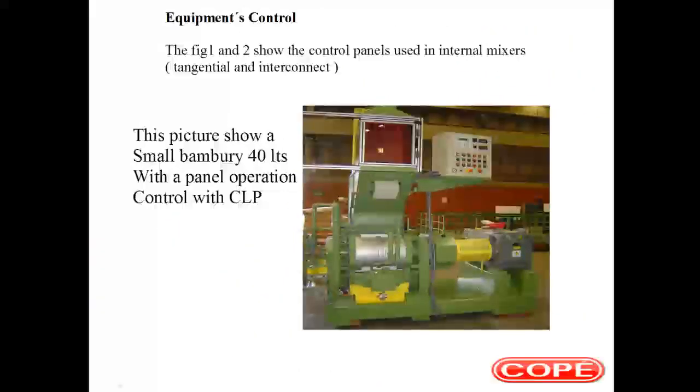Equipment controls. In this slide, we can see some benefits of PLC programs nowadays in the equipment. PLCs are very common and help to develop the functions of this equipment.